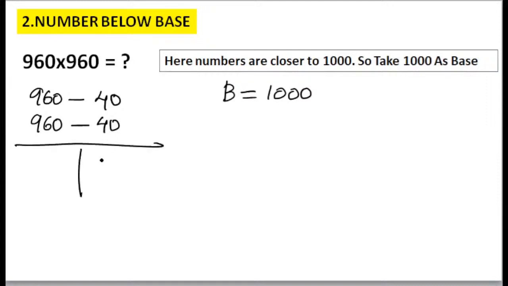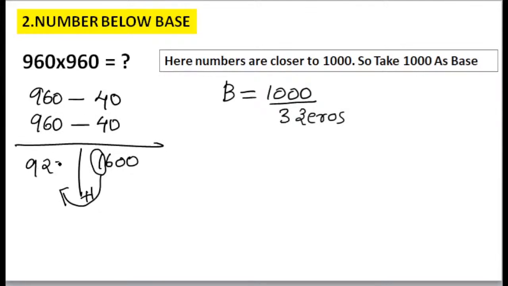So RHS is 40 into 40, that is 1600. But our base 1000 has 3 zeros, so we need 3 digits in RHS. So we carry over the remaining 1 to the LHS.